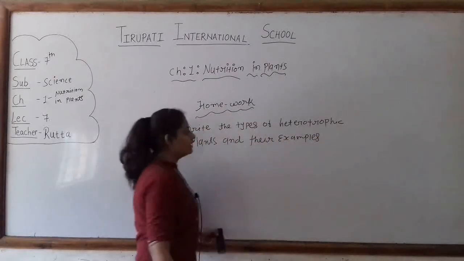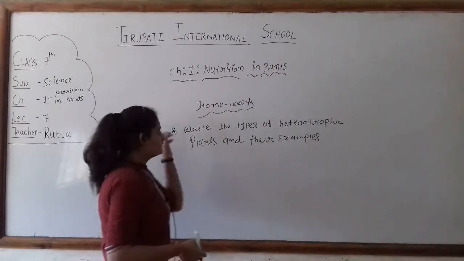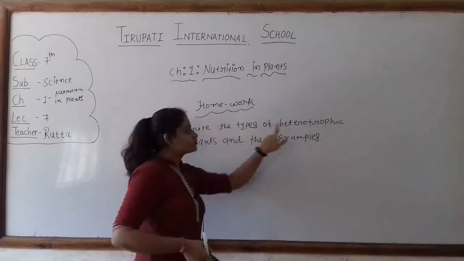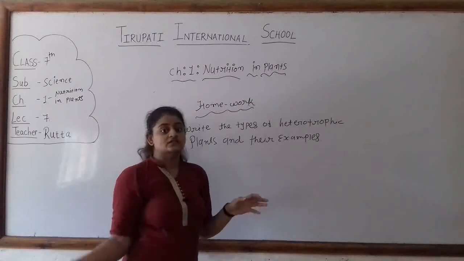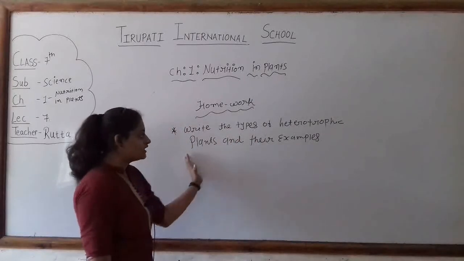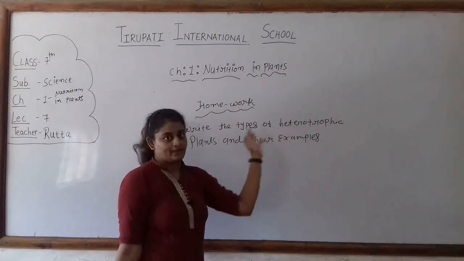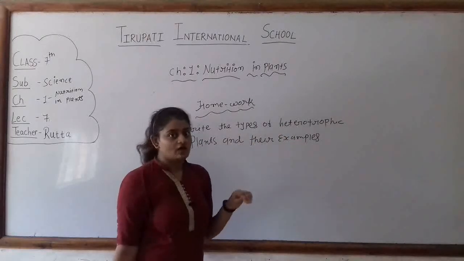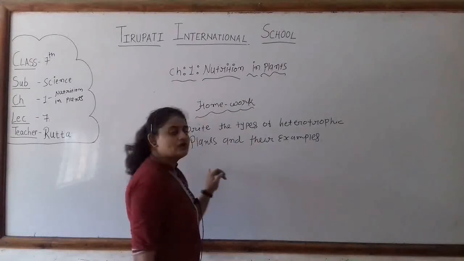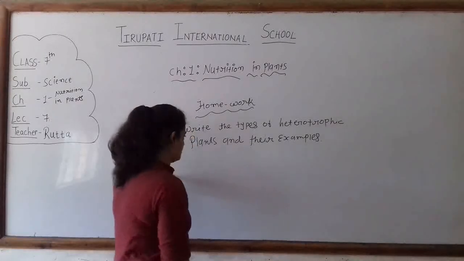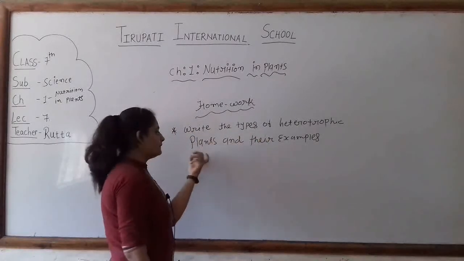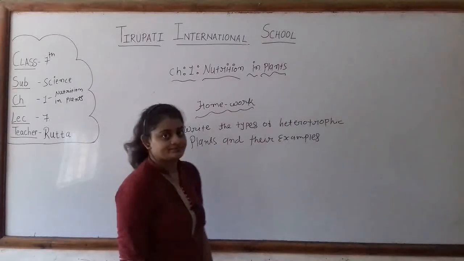What are the different types of heterotrophic plants, and you should also write down the examples of these heterotrophic plants which we discussed in our lecture. Write the types of heterotrophic plants and their examples.